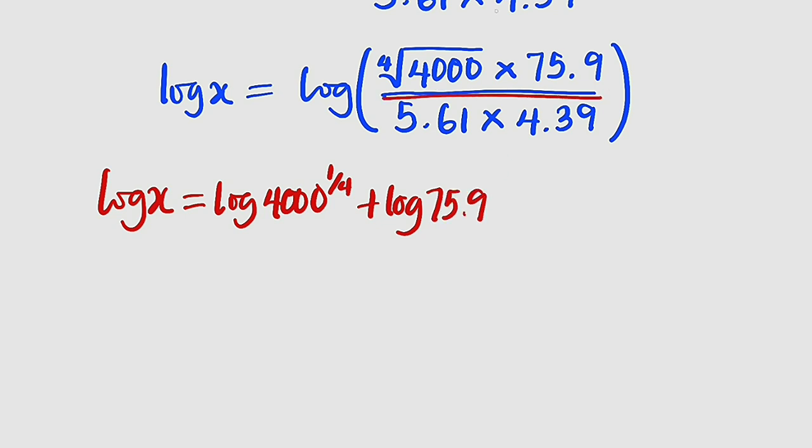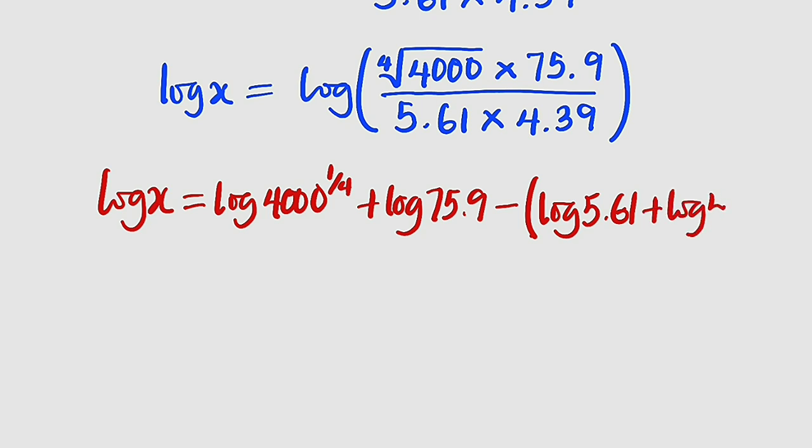Then we have this division. It is going to transform to negative sign, but we have a bracket here, log of 5.61 plus log of 4.39. So this negative sign will affect the 2 times inside.